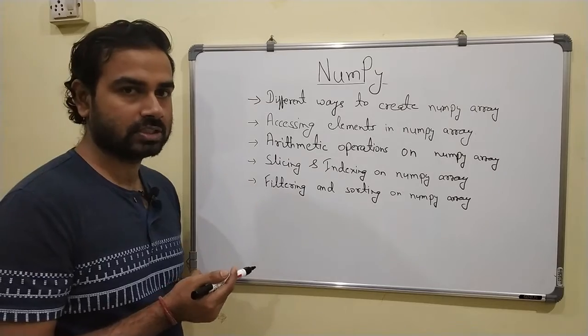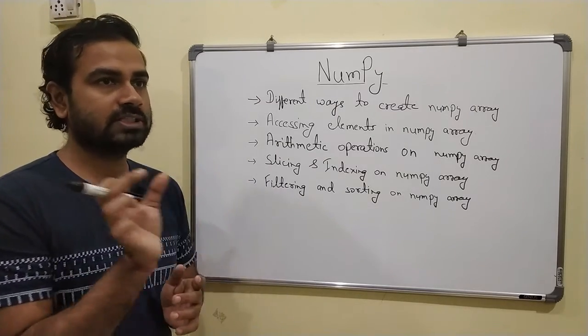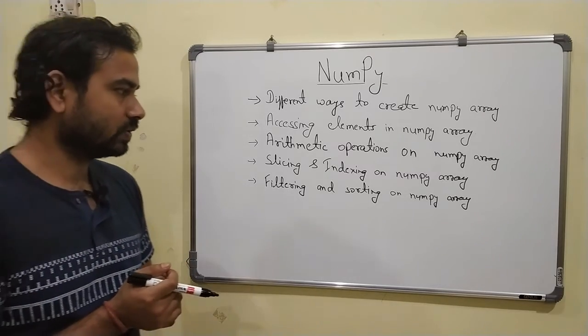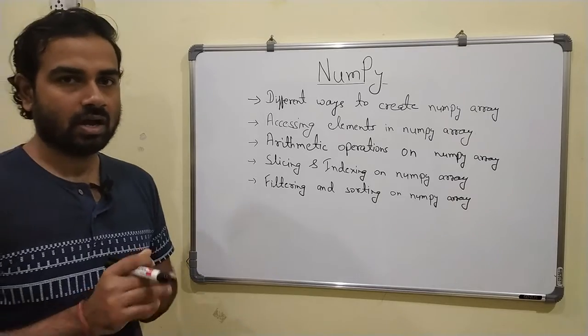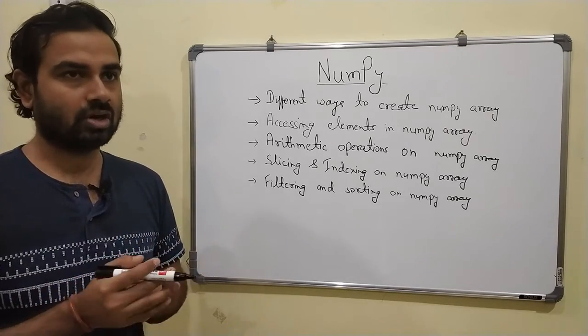And we will also be discussing the slicing and the indexing of those arrays. Suppose we want a sub part of that array, how to slice that out. So that also we are going to see, and at last we will see how to filter out the data from that array and how to sort those arrays.